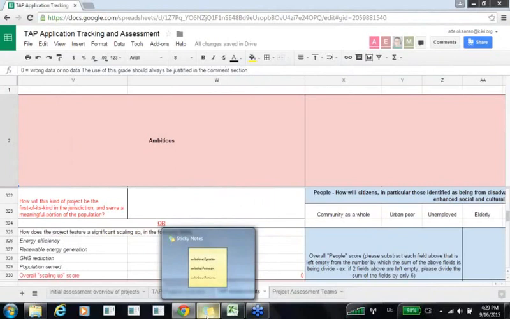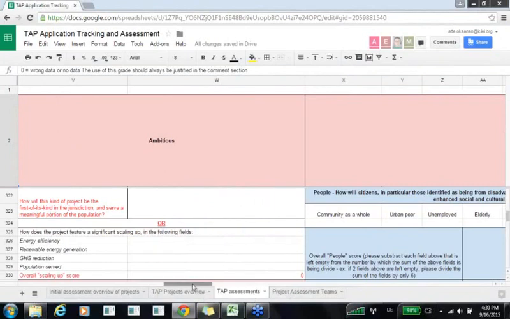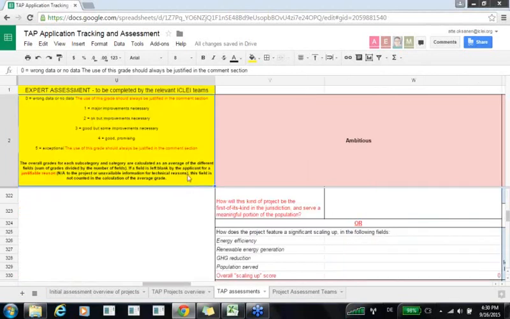So let me take you through each of these sections and show you a little bit quickly how you would be able to grade them. For instance, here, the ambitious section. The projects that are sent to the TAP should be either first-time projects that will benefit a large proportion of the population, or existing projects that are scaled up to benefit a larger proportion of the population.